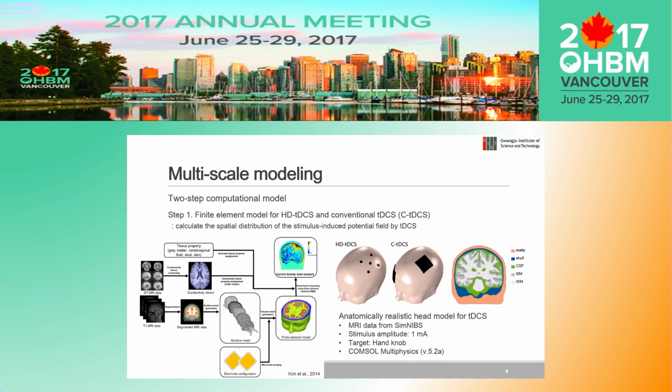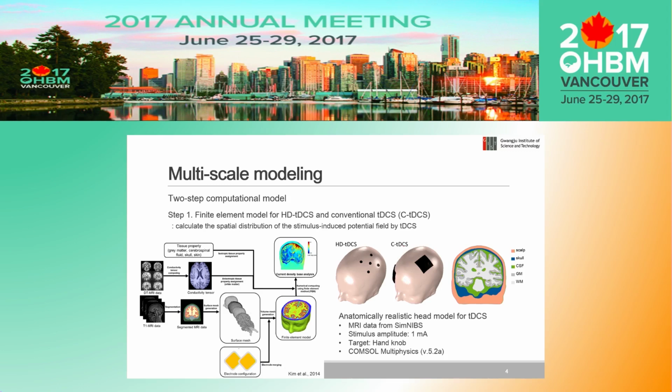The first step is modeling the spatial distribution of the potential field using a finite element head model. For the construction of the head model, we acquired MRI data from SimNIBS and then constructed the surface mesh. Then we attached two types of electrodes: a disc-type electrode for high-definition tDCS and a rectangular patch-type electrode for conventional tDCS.